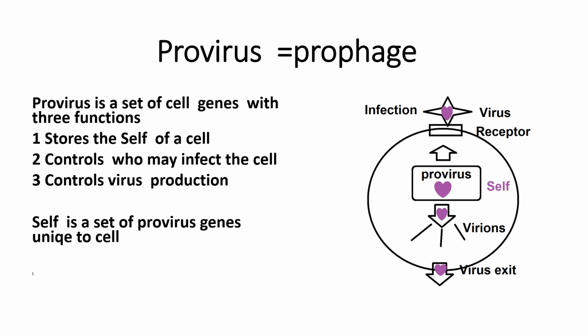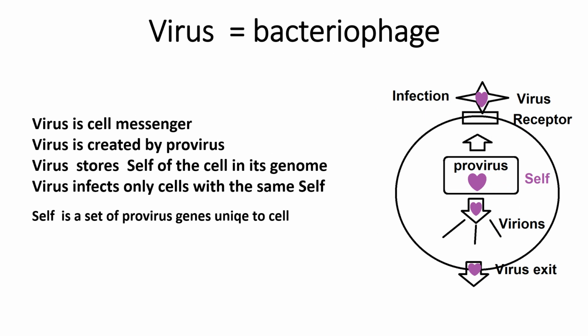So here you have it. The phage infects the bacterium and activates the provirus, which is a prophage, and the prophage is then responsible for creating virions.